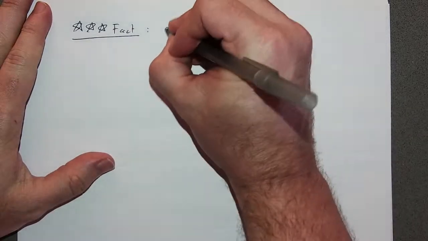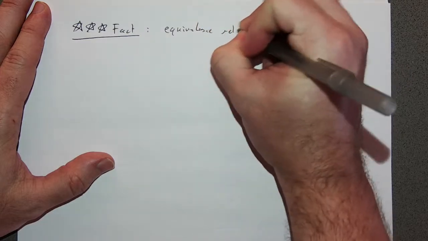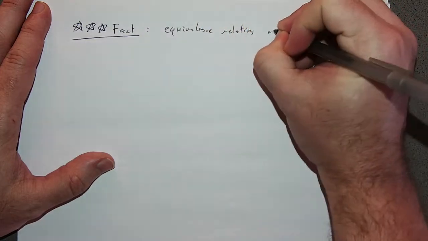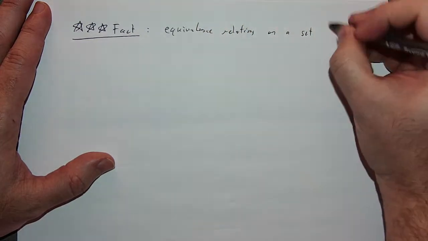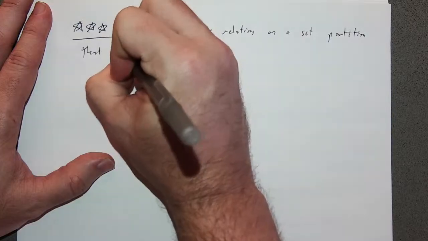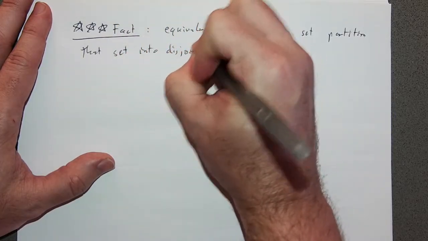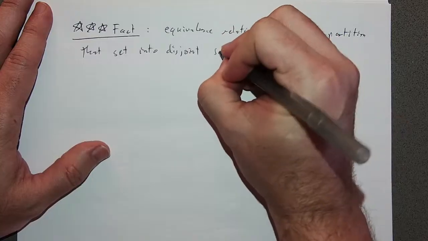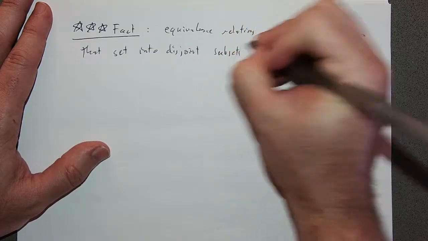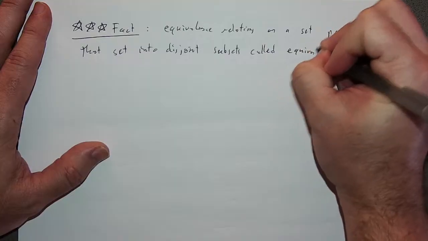So equivalence relations on a set partition that set into disjoint subsets called equivalence classes.